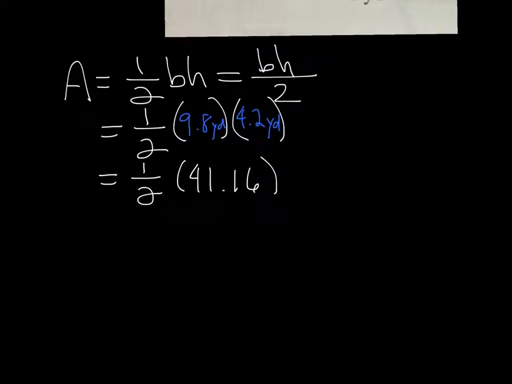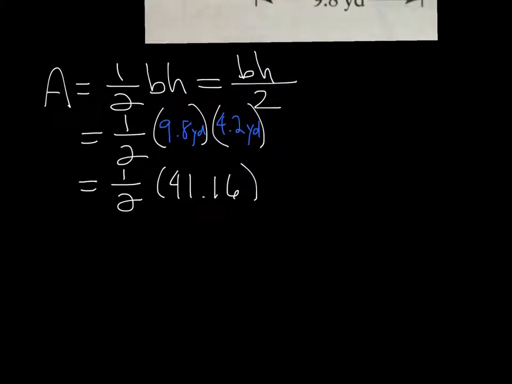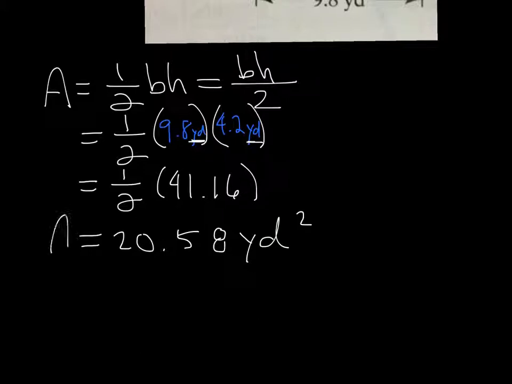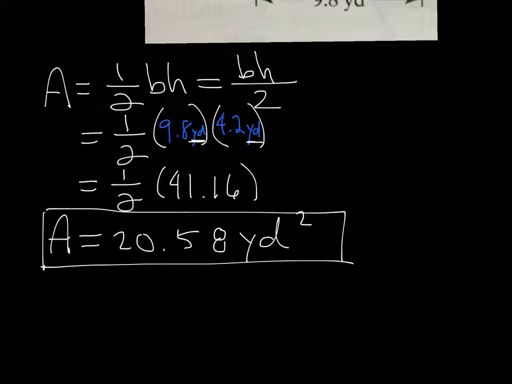And then I just cut that in half, and that gives me 20.58. And remember, it's yards times yards, so we get square yards. So the area of our triangle is 20.58 square yards.